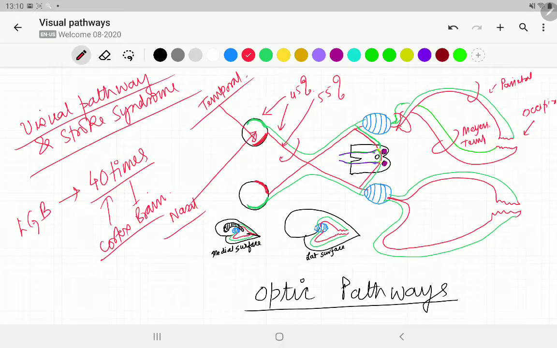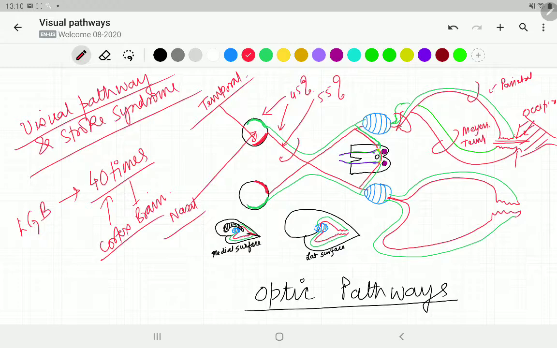It reaches the upper and the lower bank of the calcarine fissure. And it is worth remembering, all the macular vision fibers go to the tip of the occipital cortex, whereas the other fibers are situated slightly forward to that.